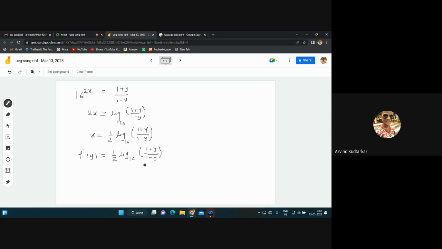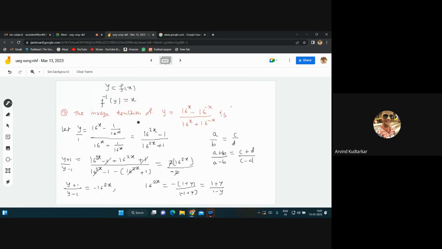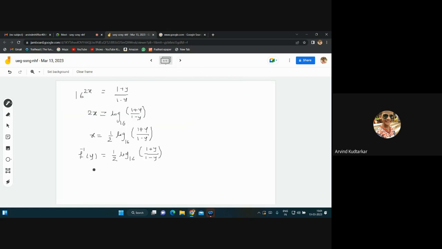And this will be the solution of the example. Here we have got the inverse of the function of y. The question was the inverse of the function of y. Inverse of function of y is half into log to the base 16 of 1 plus y by 1 minus y.